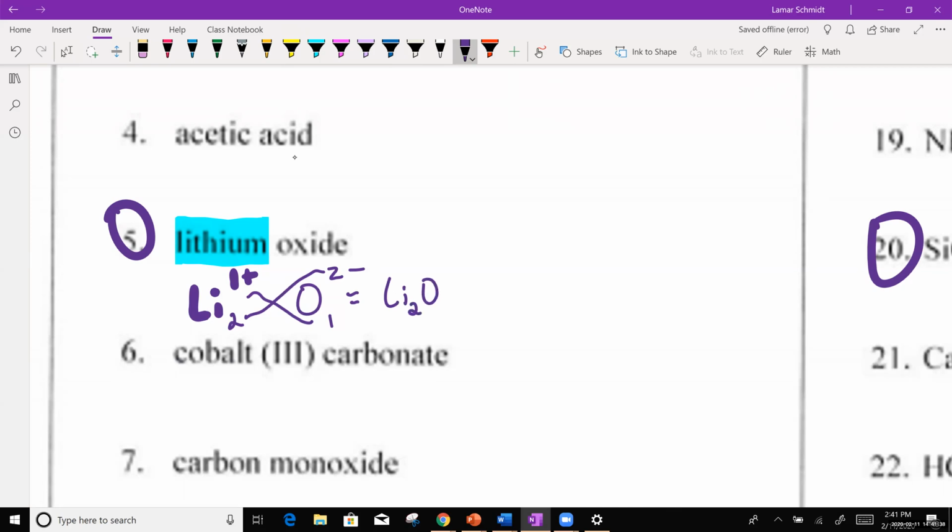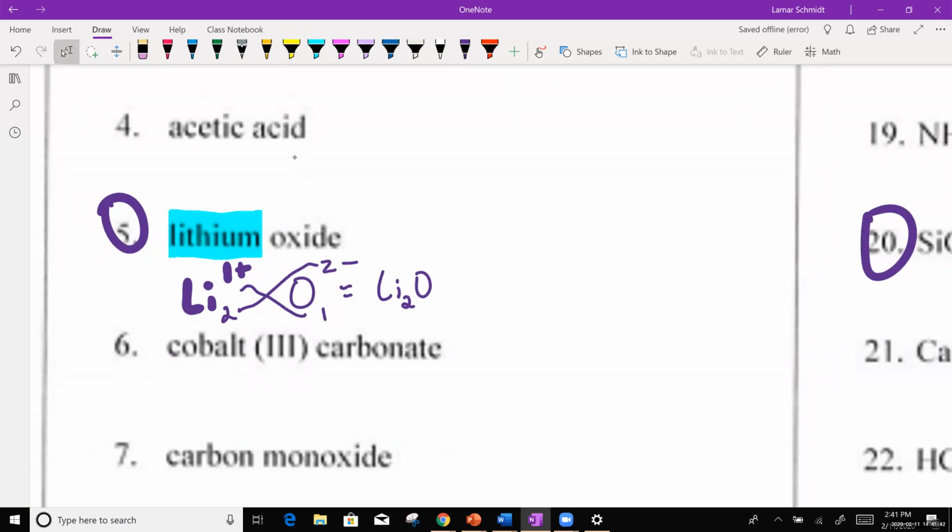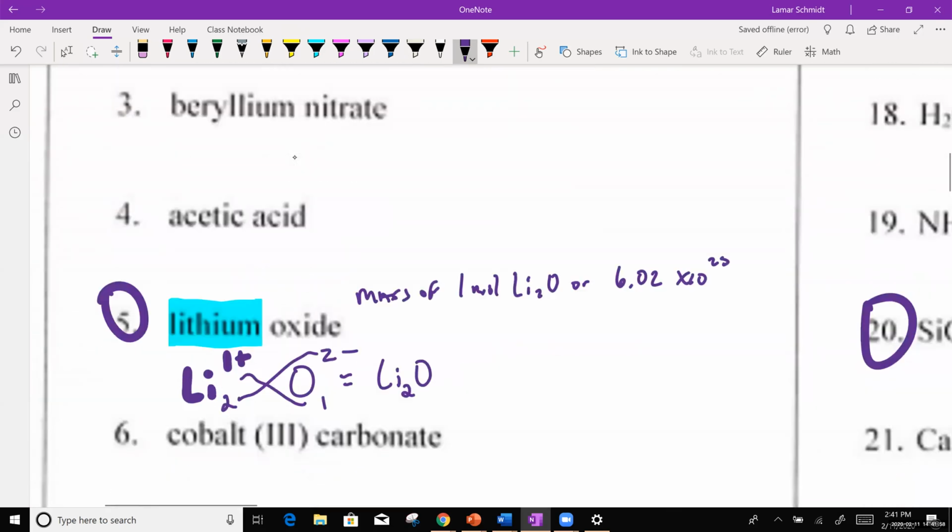Now, if we wanted to know what is the mass of 1 mole of lithium oxide, so the mass of 1 mole of Li2O, or 6.02 times 10 to the 23rd, whoa, my goodness, formula units of Li2O.